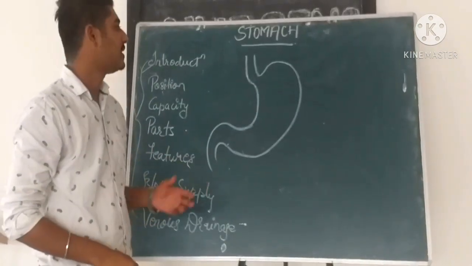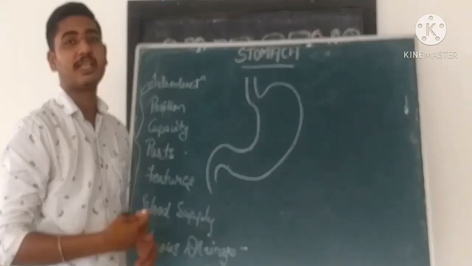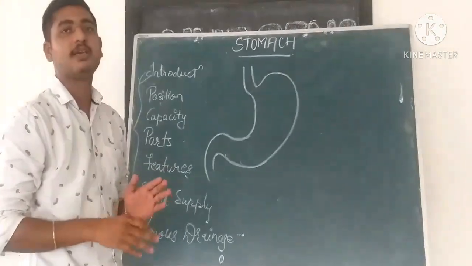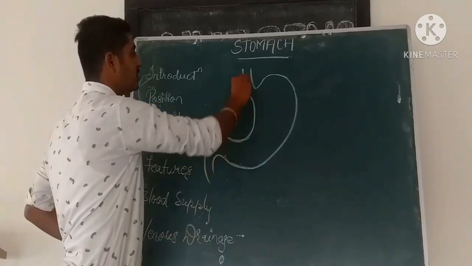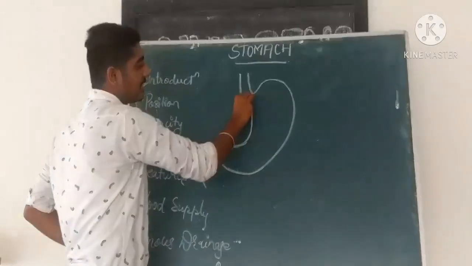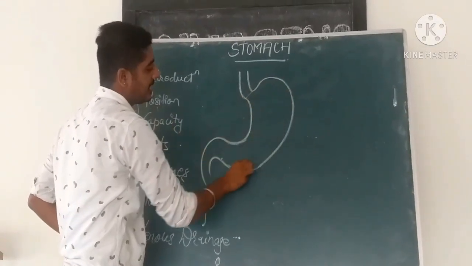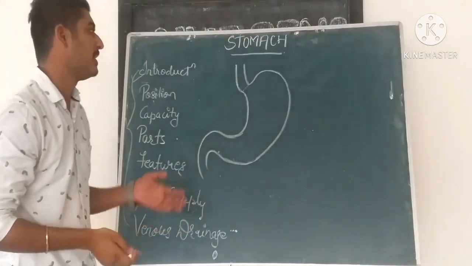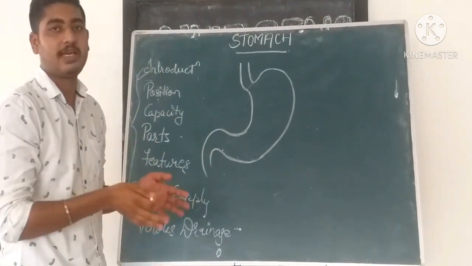In introduction we can just say that the stomach is a hollow muscular J-shaped organ. As you can see from here it is starting and this is completely hollow. It's a complete cavity so that the food can get digested in that area.